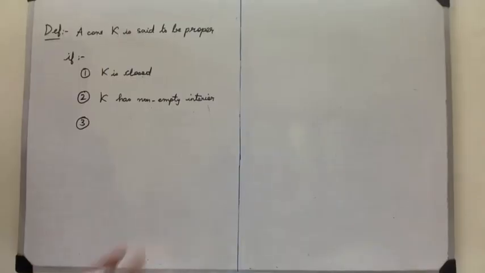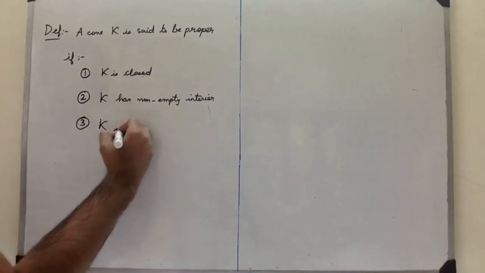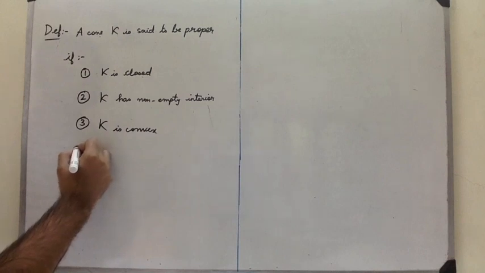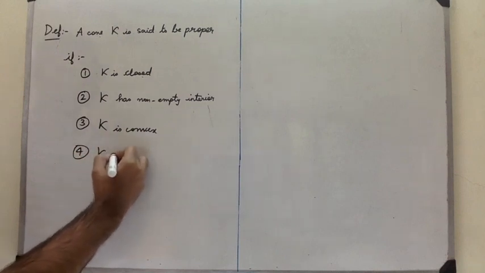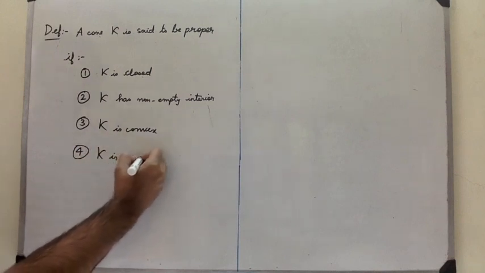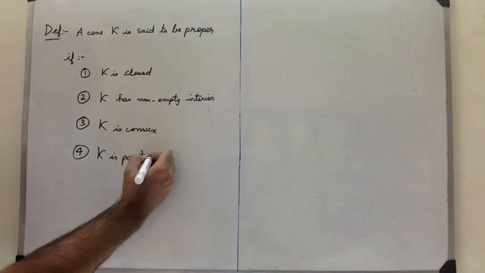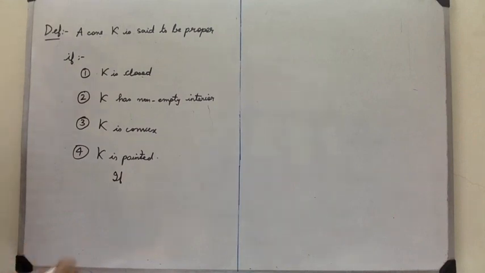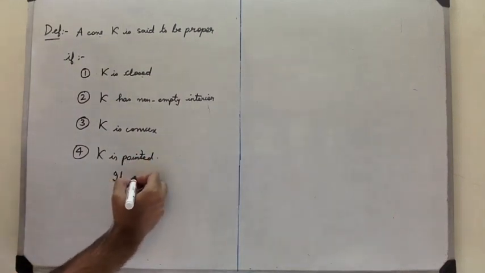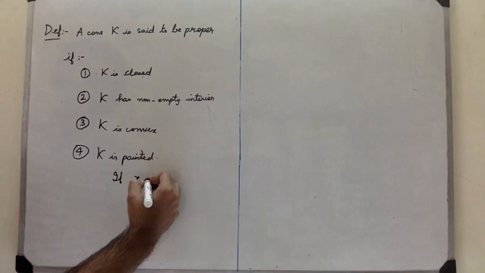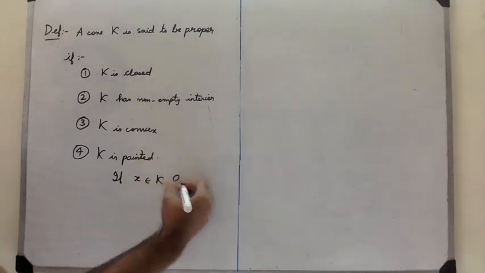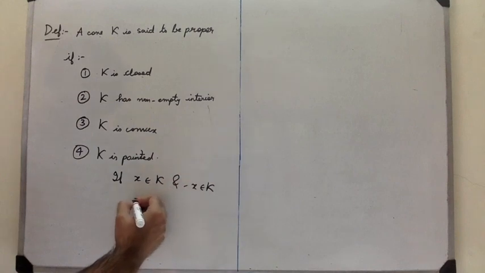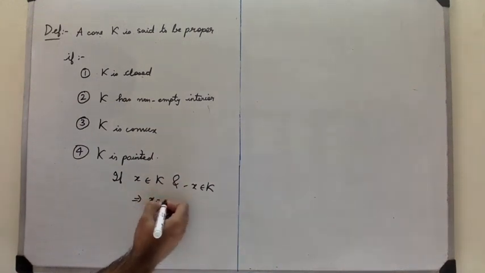Three, K is convex, and four, K is pointed. By pointed we mean it does not contain any whole straight line, or equivalently we can write that if both x and minus x lie in K, this means that x is 0.